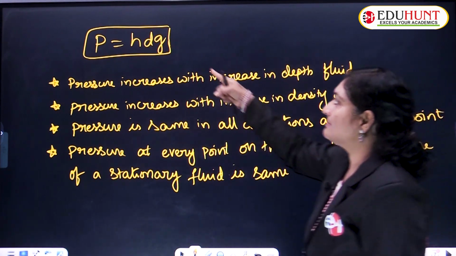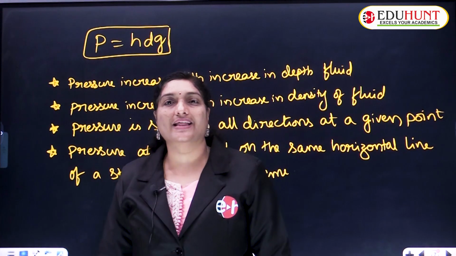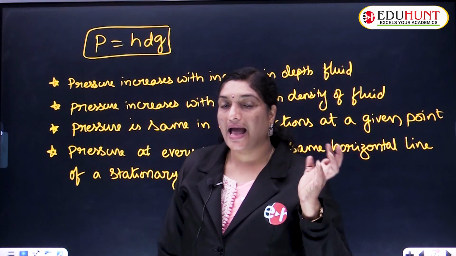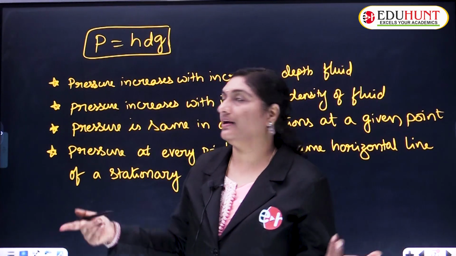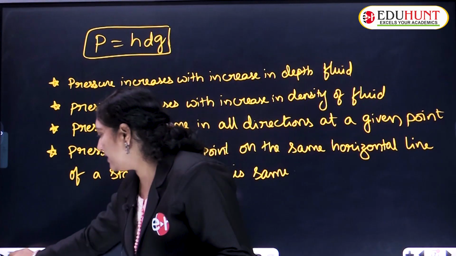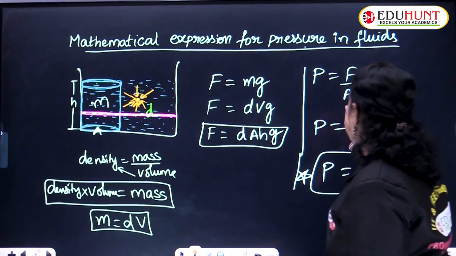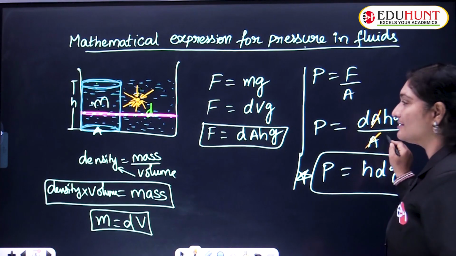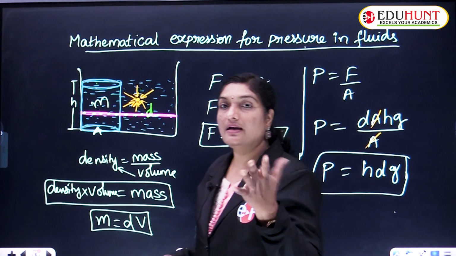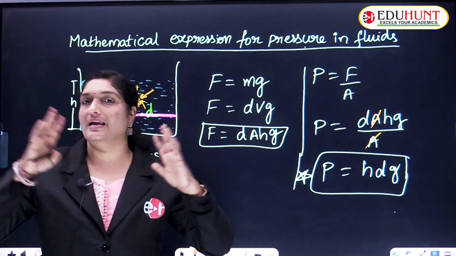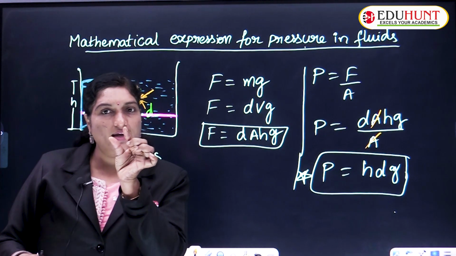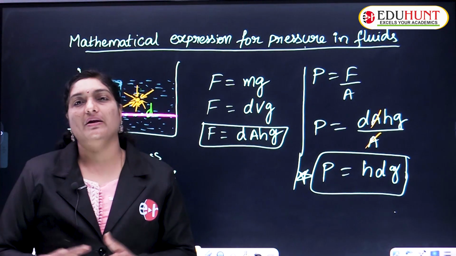So in this formula you would have observed that the pressure acting at a given surface is independent of area. Nowhere have we considered area, because in this A got cancelled, so we can conclude that pressure does not depend upon the area of cross section. Whether the larger area of cross section or small area of cross section, pressure will be same.